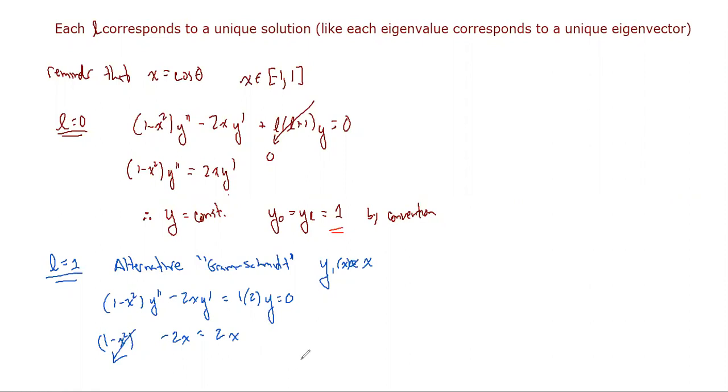We're so close. So what do we need to do? We've got to maybe put a constant in front of this, right? So a constant equal to minus 1 might do it, but something proportional to x works.